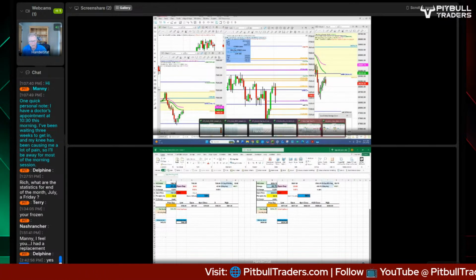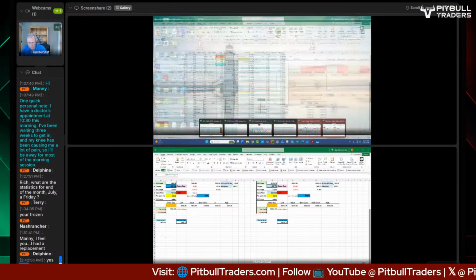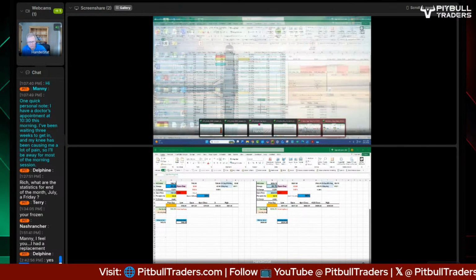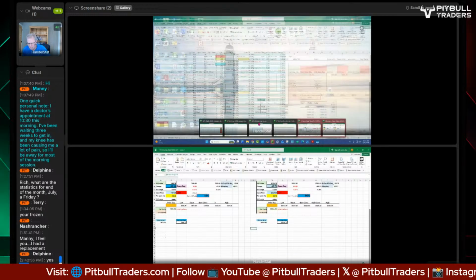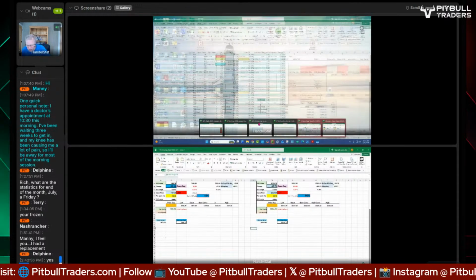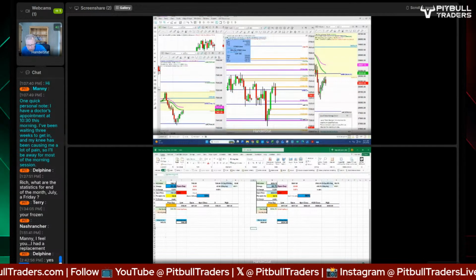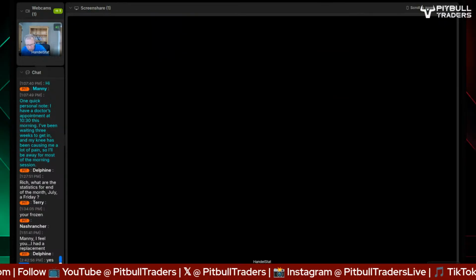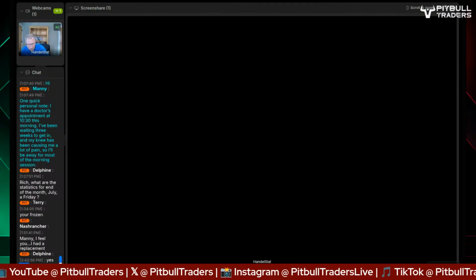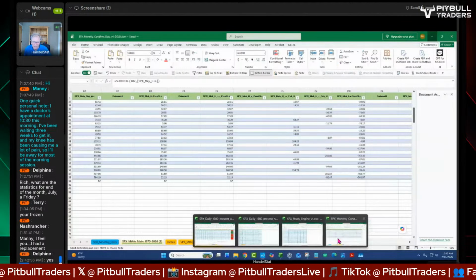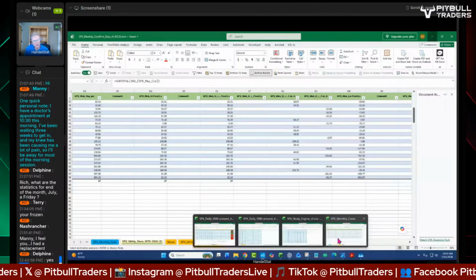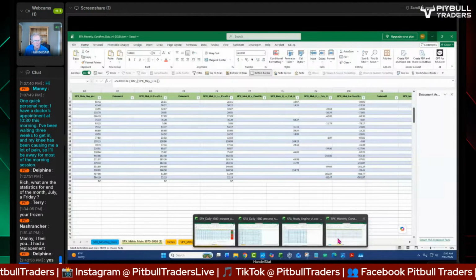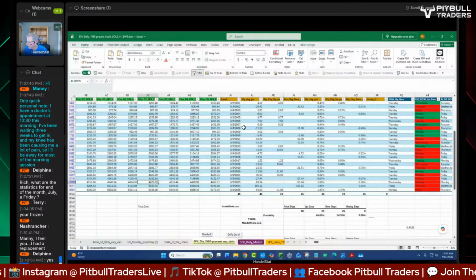Let's see, this first. Save. And let's see, what do we got here? Close that. SPX daily. I don't remember what I was looking at in here, but we'll look at all these other things here.